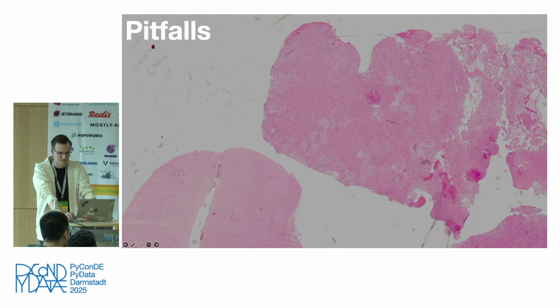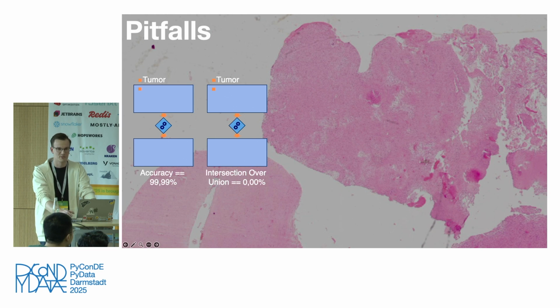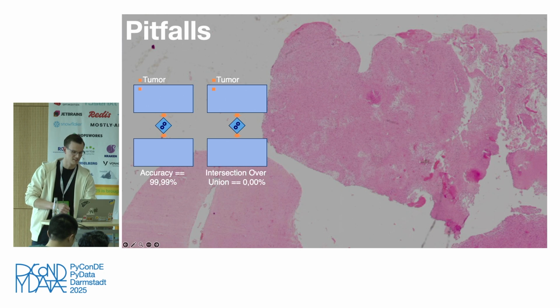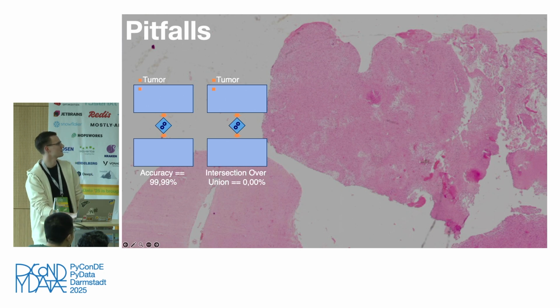Maybe quickly talk about the pitfalls, as most people here know machine learning. Anybody here think accuracy is a good metric for anything? All right, I skipped this one, but actually scientists believe accuracy is the best metric for everything, and we only report accuracy for our models. Because 98% accuracy is really, really good, but look at this example where we have a tiny bit of tumor thrown into the machine learning model, and the model tells us there's no tumor at all.